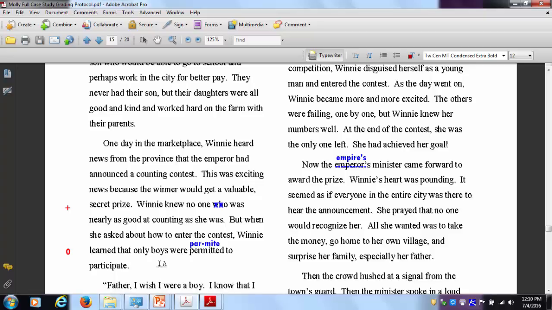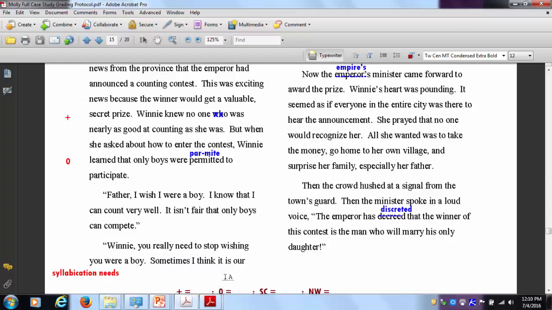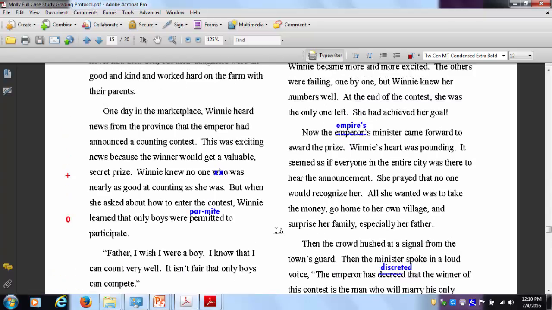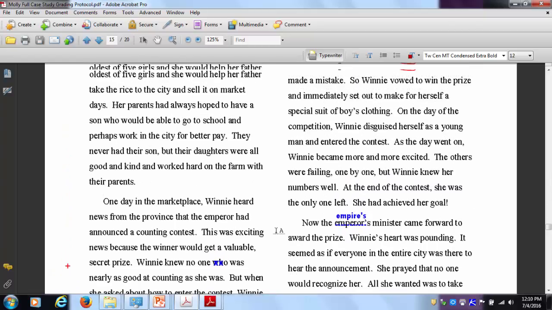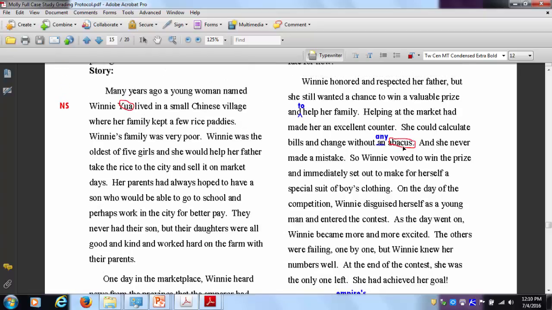That we want students to realize that reading is a meaning-making process. All right, let's move on. Here we have a teacher, and that, by the way, is a 0. Here we have an insertion, and that is a plus.